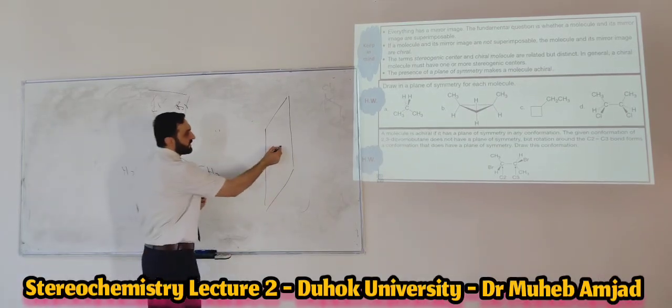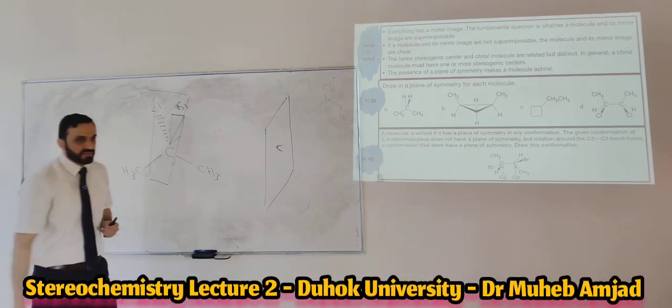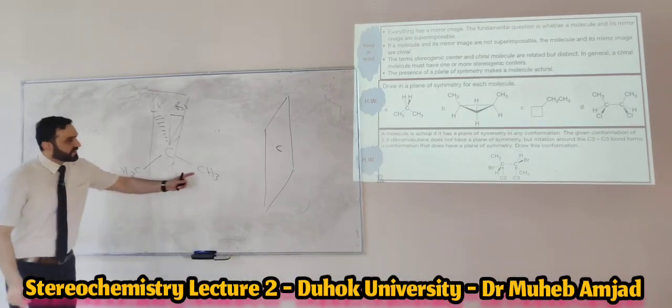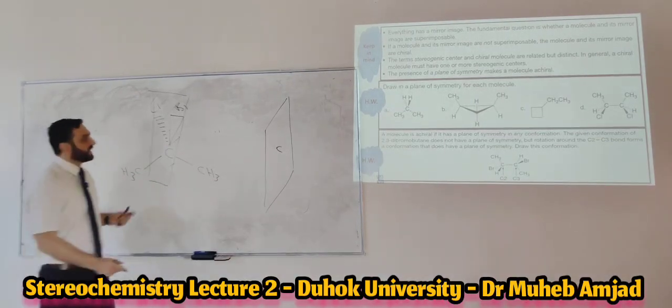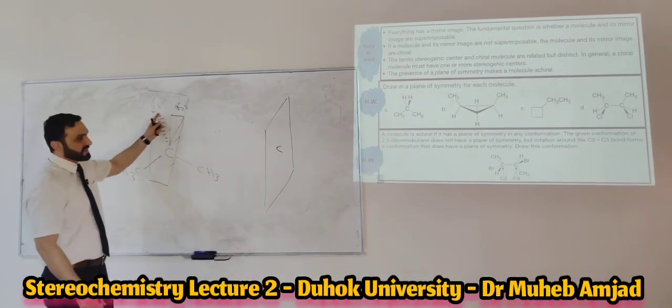So we have the carbon here in the middle, and we have this CH3 and this CH3. And we have Br, this in the plane of symmetry.